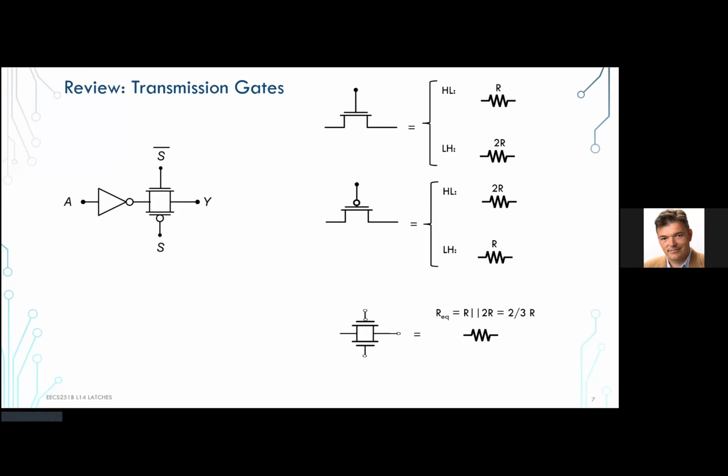So let's now take a look at how we find out what's the logical effort of this thing. So we have an inverter driving essentially a resistor that has resistance of 2/3 of R, and this is Y. And I have an input A. How should this A be sized?